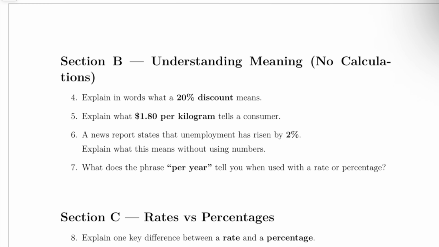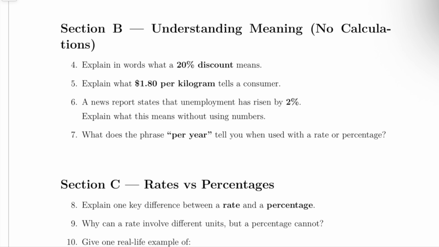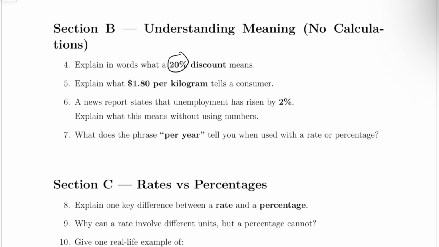Let's move on to section B, understanding meaning, no calculation. So explain in words what a 20% discount means. So 20% discount means that you're reducing a price.